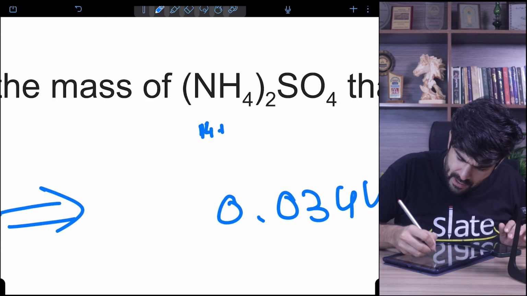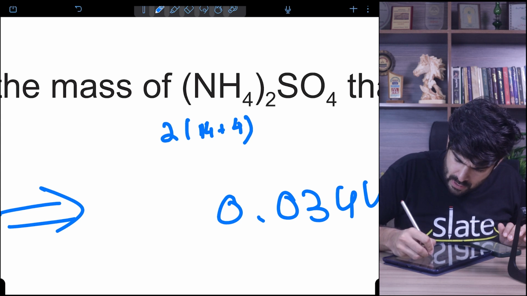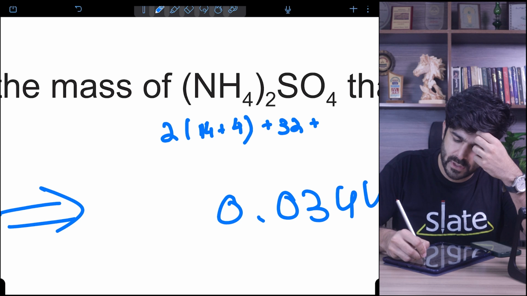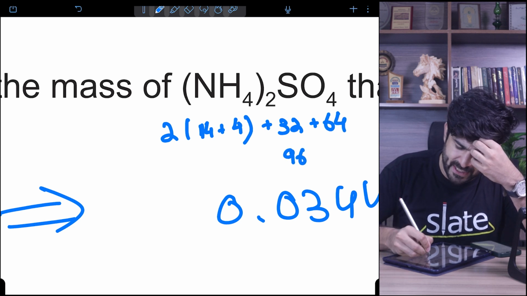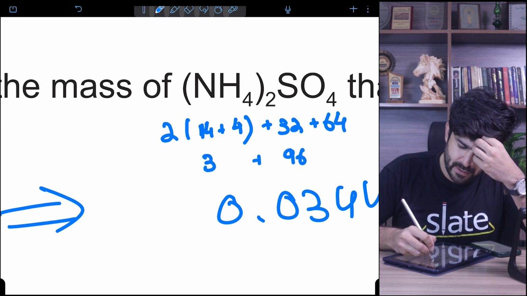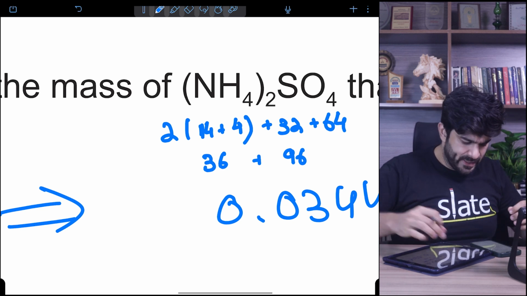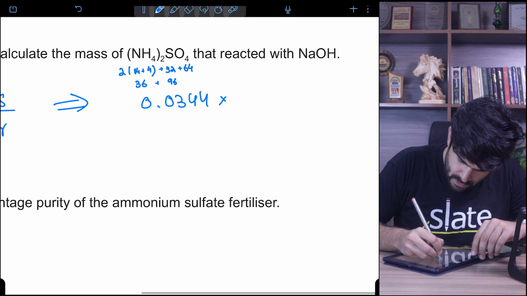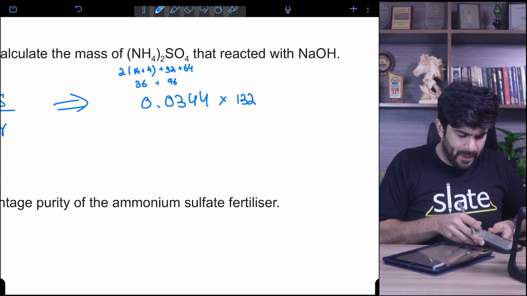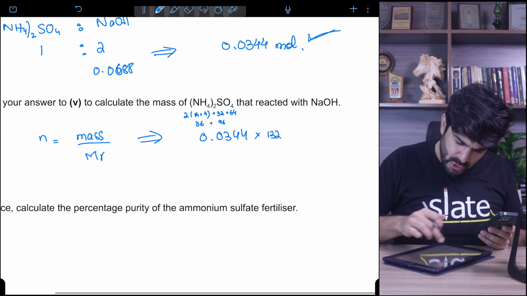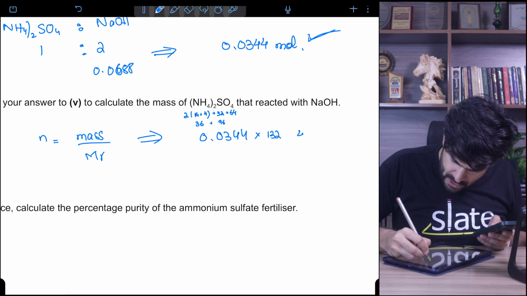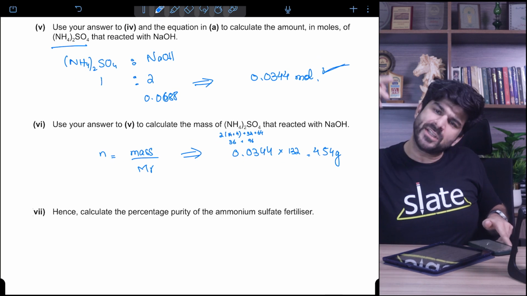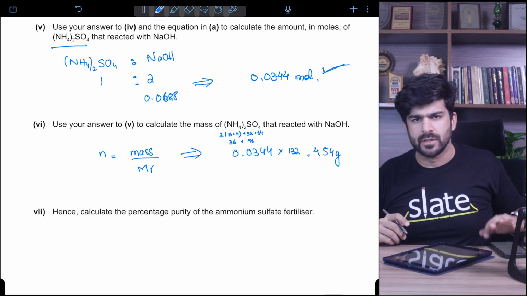It's 14 plus 4 into 2 plus 32 plus 64. This is 96 plus 36, that makes 132. So 132 से इसको multiply करेंगे. As per mass over MR, the answer would be 4.54 gram.